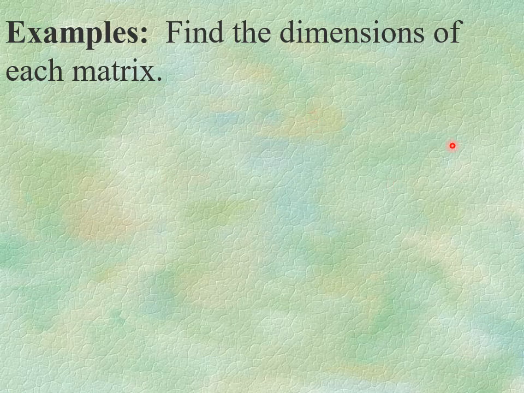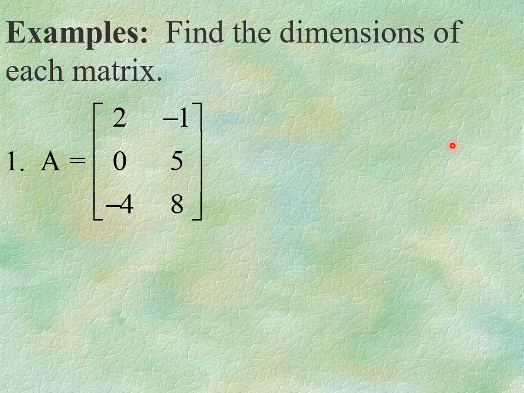Let's have some examples here. For this matrix A, we want to know its dimension or its order. As we said, it's the number of rows, so we have here 3 rows, so it's 3 by the number of columns. Here we have 2 columns, so it's 3 by 2.